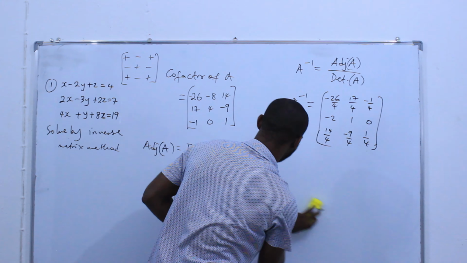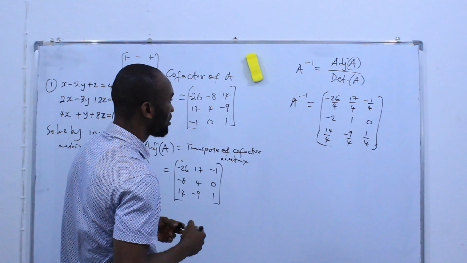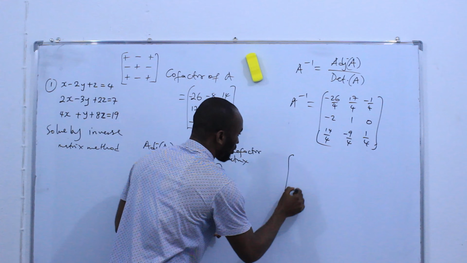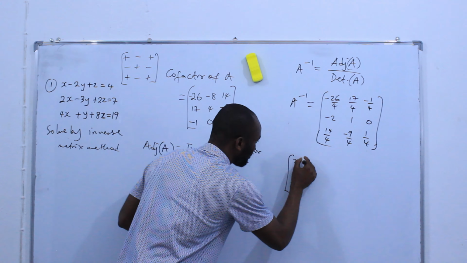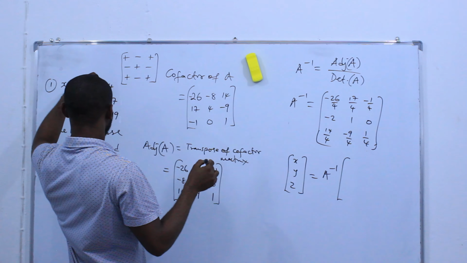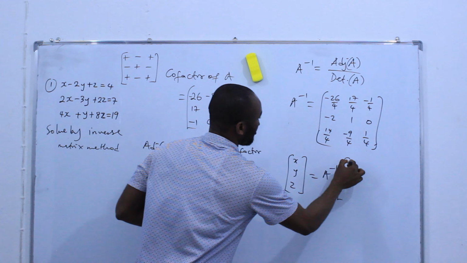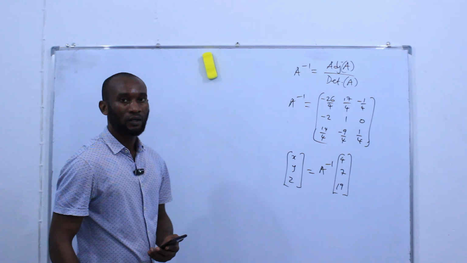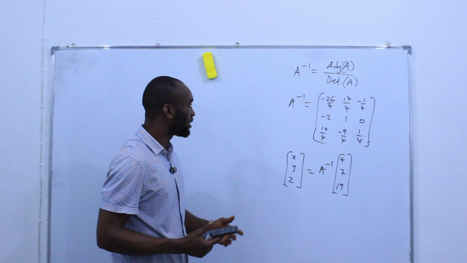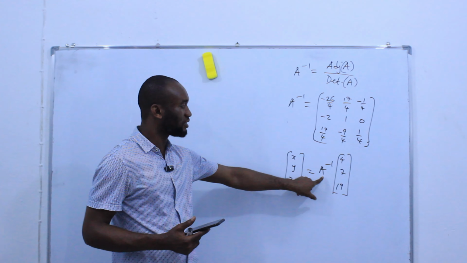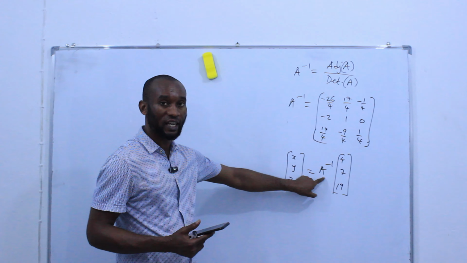This is the inverse of A. Now we go ahead to solve this problem: x, y, z equals A inverse times the matrix 4, 7, 19. This is the original equation, which is what led us to start looking for A inverse.